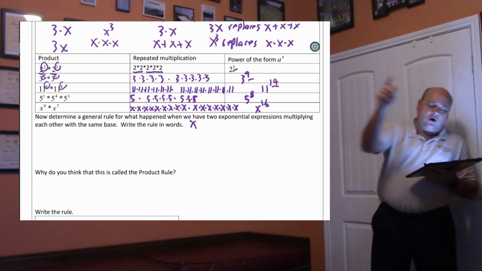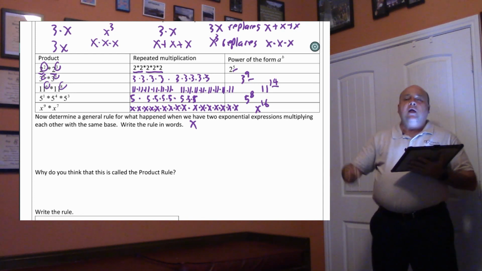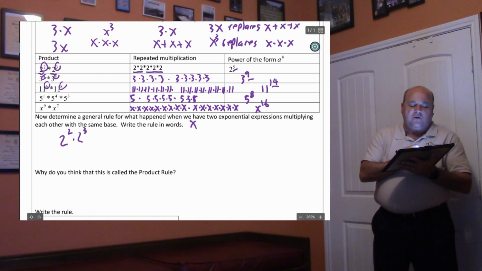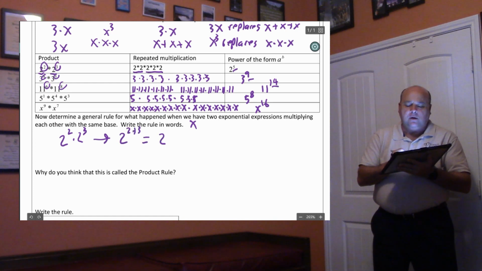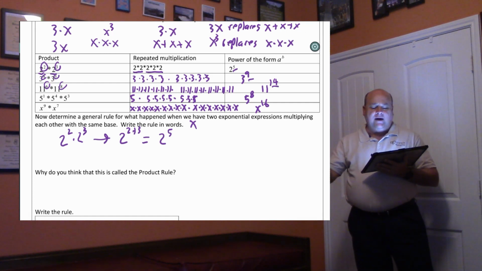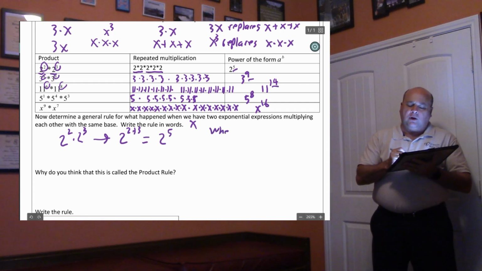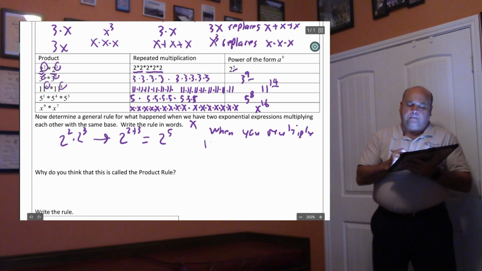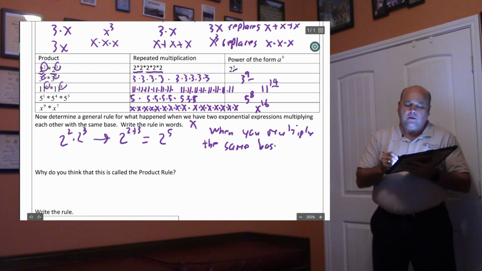Okay, we're back. What happens is, let's do the first one. 2 squared times 2 to the third. You could rewrite that as 2 times 2 times 2 times 2 times 2, can't you? And then you would get 2 to the fifth. Okay? So write the rule in words. When you multiply the same base, you add the exponents.